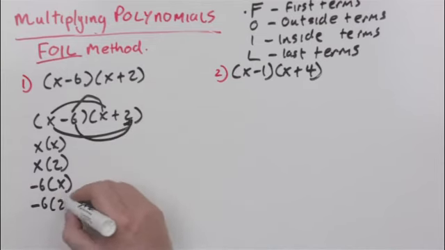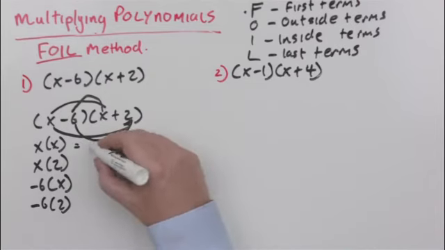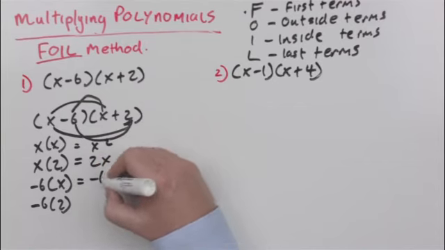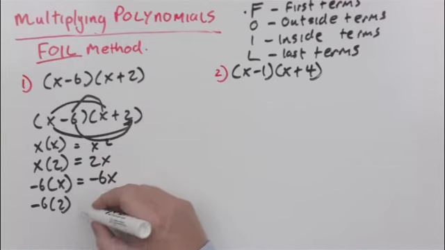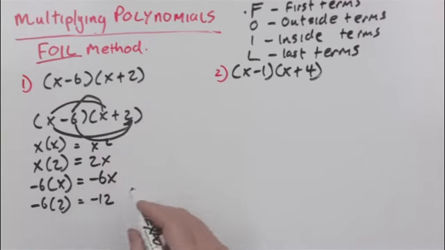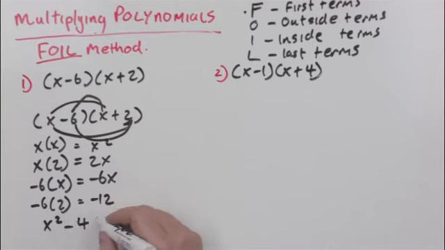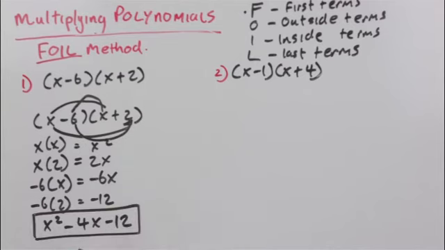I organize it vertically. It helps me remember. Now I just have to multiply: x squared, 2x, negative 6x, and negative 12. That's x squared, and of course 2x minus 6x is negative 4x, minus 12. Great. And that is the FOIL method.